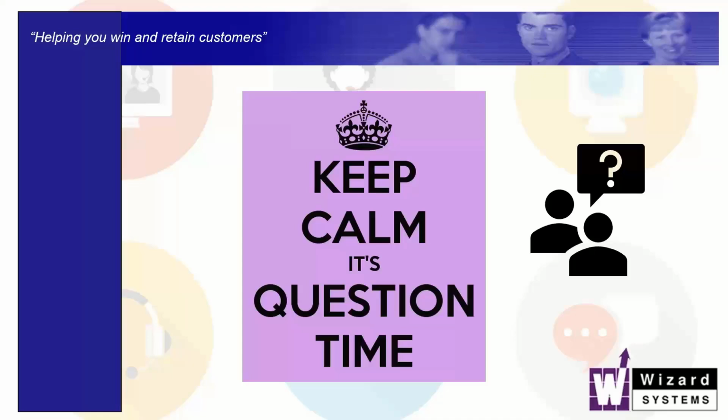Question from Ali: How long does it take to get up and running? That's a good question, and it very much depends on your requirements and how much you want to do yourself. So it's very simple to install GoldMine.